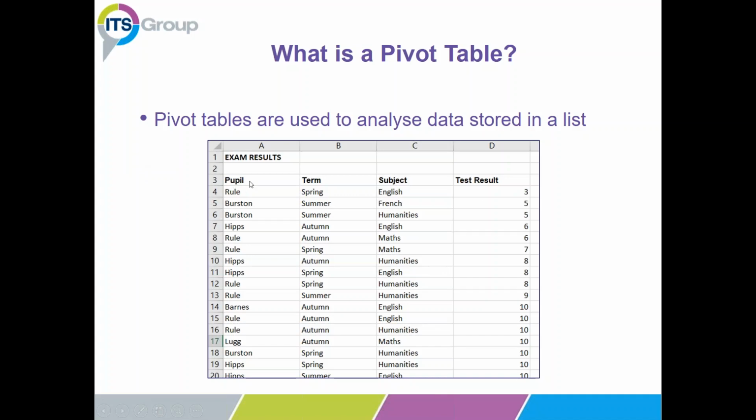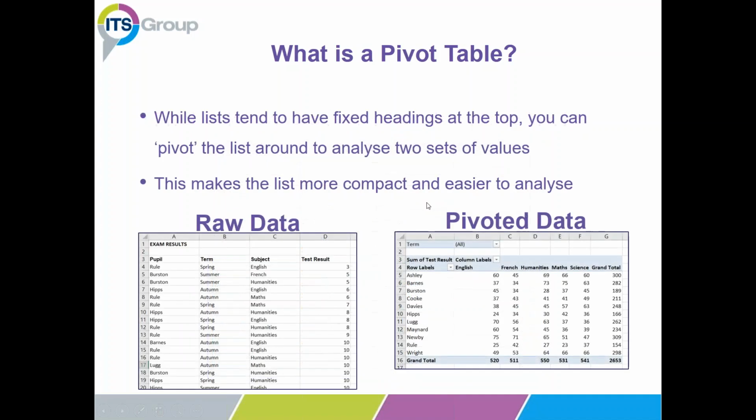Most spreadsheets have columns across the top, headings across the top, so you can see the data that's in them, so you know what's what. With a pivot table, you can pivot that round and you can have headings across the top, and also headings down the side. And then in the middle, you have that summary analysis, so whatever value that you want in.